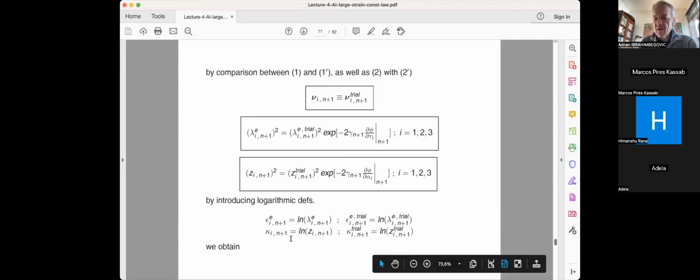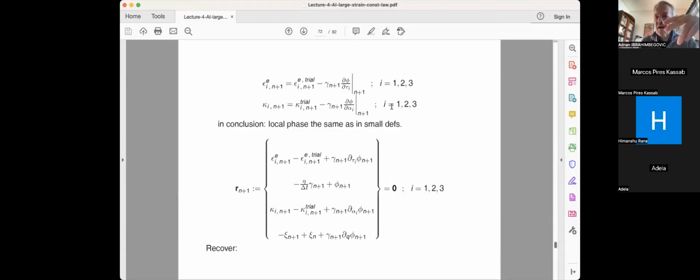This is the final value, and this is the trial value for the back strain, which is the natural logarithm of Z or Z trial. And then these two multiplicative expressions become reduced to an additive composition. Because basically you have that the final value epsilon I elastic is equal to trial minus the modification.